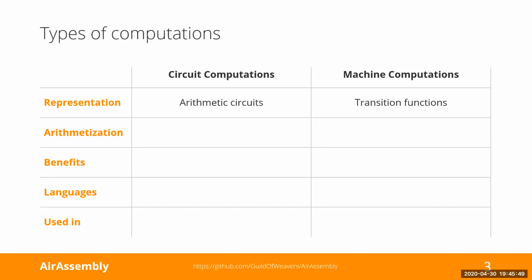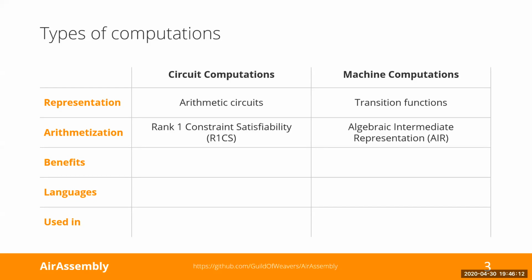It's a circuit that takes some inputs, the inputs propagate through the circuit, and you get some outputs. With machine computations, you represent them as a transition function, where you have some computation state, and you repeatedly apply the same transition function to that state for a number of steps, and then you get to some answer. In terms of arithmetizations, R1CS is the one that is used for circuit computations, and AIR is the one that is used for machine computations.